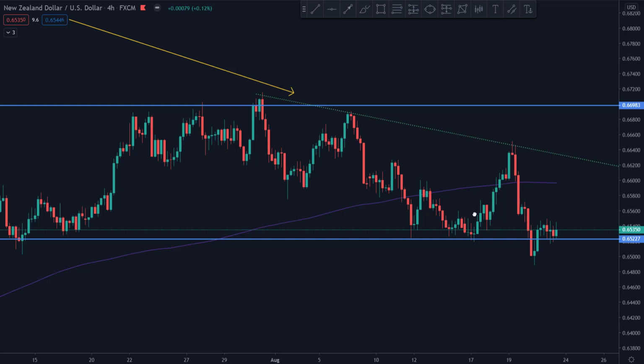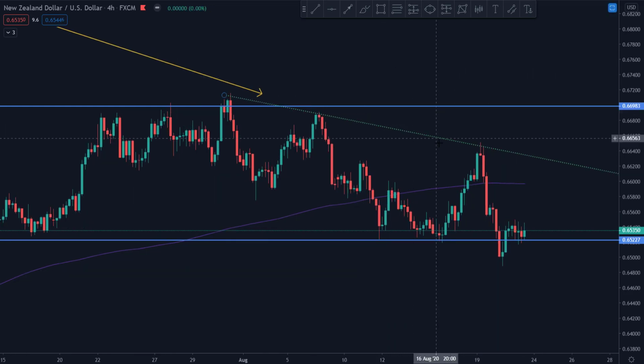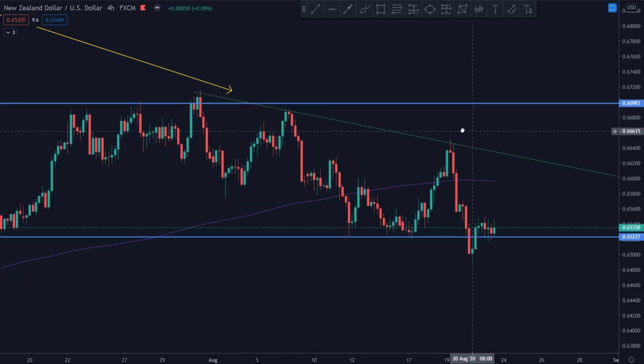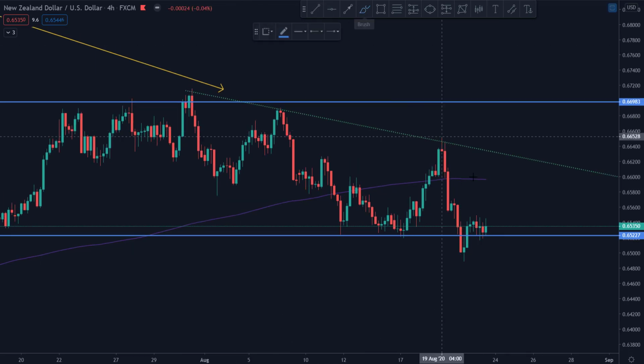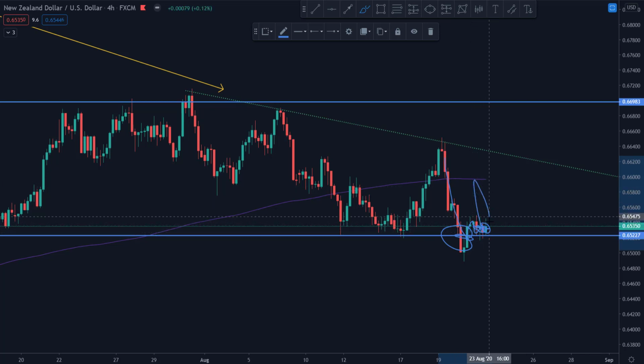The possible outcome here: the first touch, second touch, third touch, and then the price just goes down, touches this support area, and makes a few weak candles without any decision about where to go.